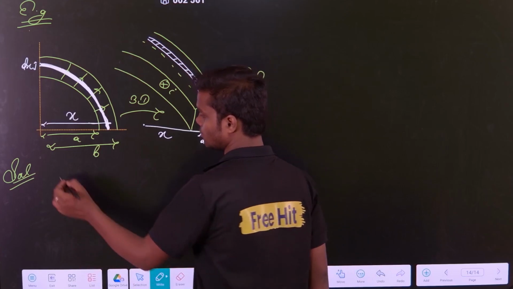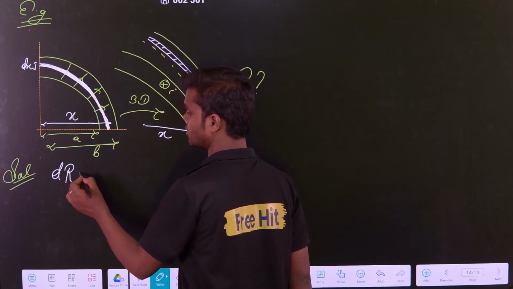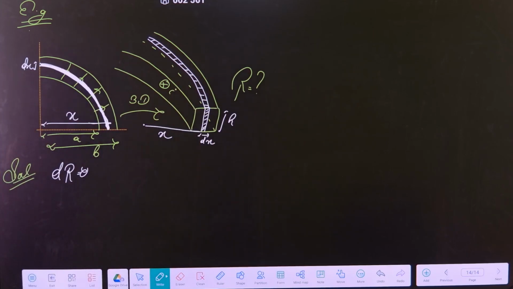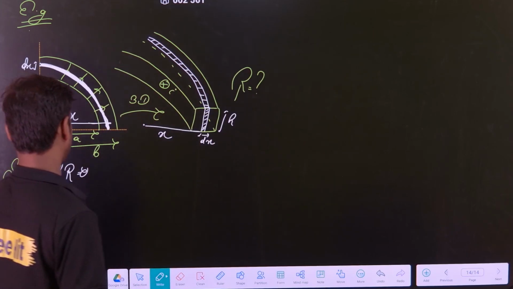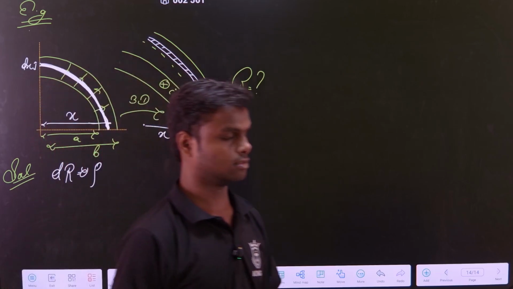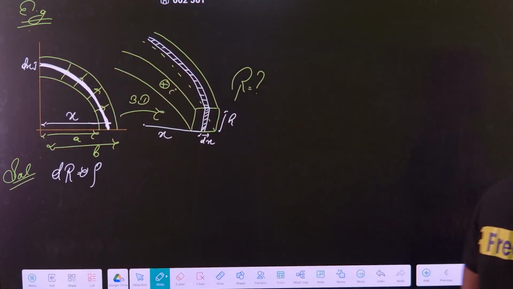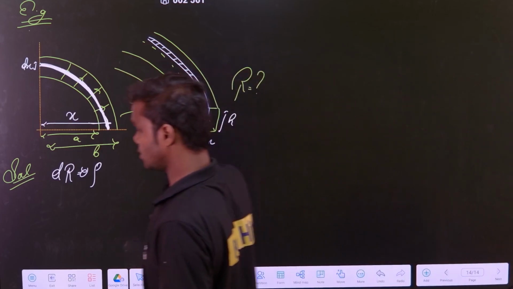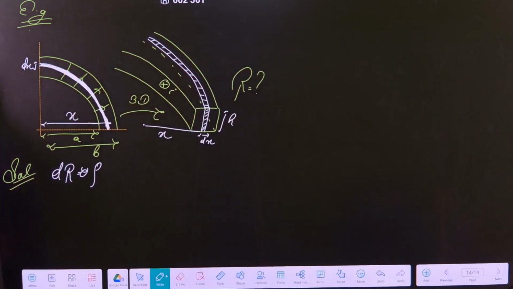Let us write the small resistance dR. Current is going like this. Rho, first tell me what is the length, just for that strip only.